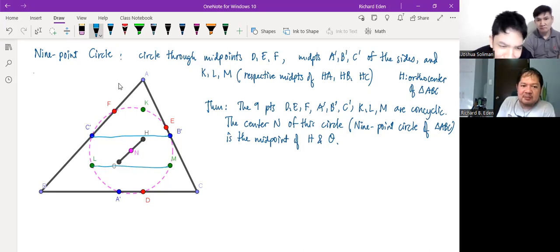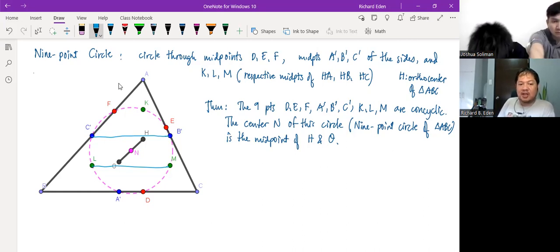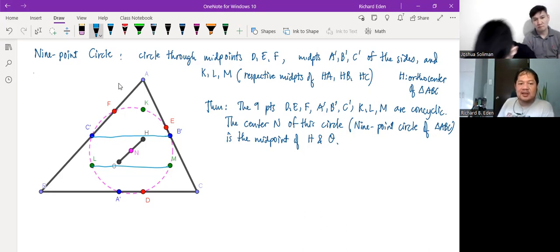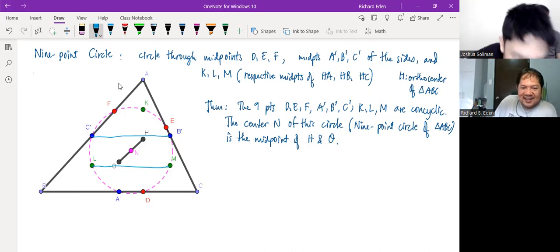So B prime, C prime is parallel to BC. But not only that, look at the two horizontal segments. We still need to justify LM is horizontal, di ba? Pero does it seem like it's congruent to B prime, C prime? No. What? Wait, it is?